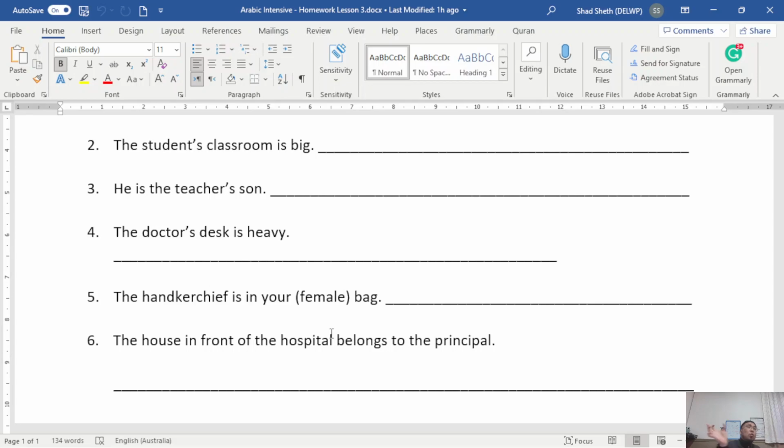So now you want to say "your", female. That's where I'm getting stuck. Okay. If you want to say "your", you remember the damair mutasil, the attached pronoun table. If you want to say "his", what do you attach to an isim?